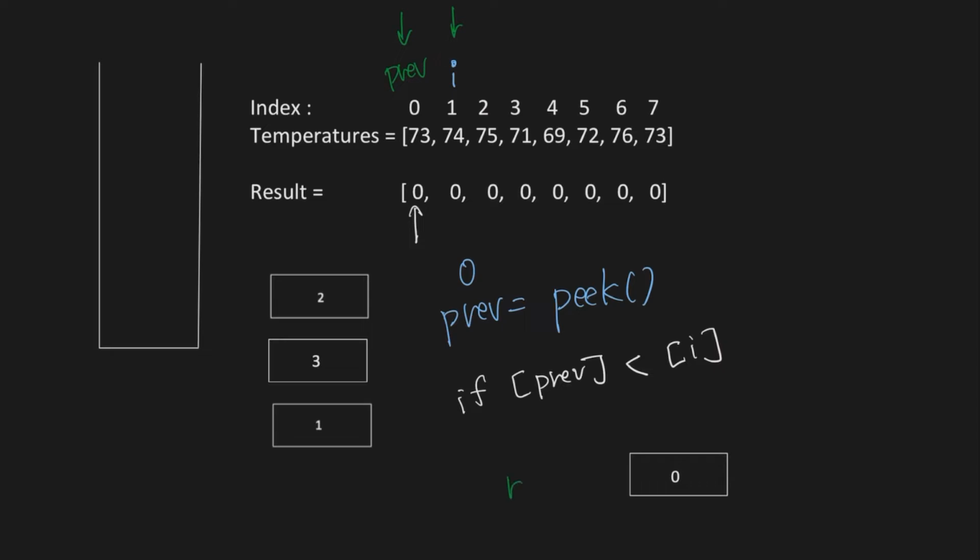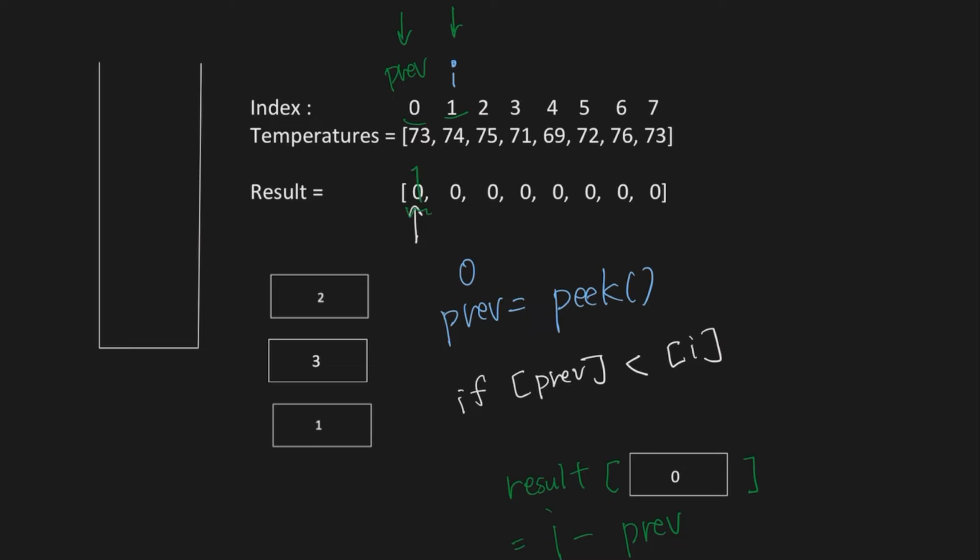So we are going to update the result array at the popped index, that's the previous index. It's going to be I minus previous index, and that's going to be how many days it takes. So in this case, I is 1 and the previous index is 0, so 1 minus 0 is 1. So we can update this result to 1.